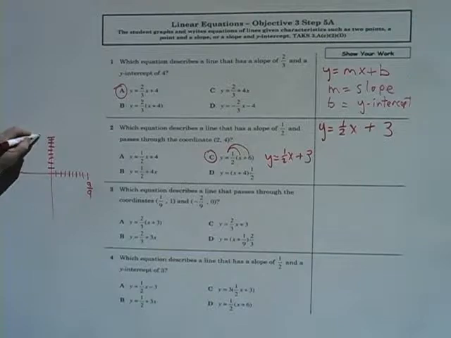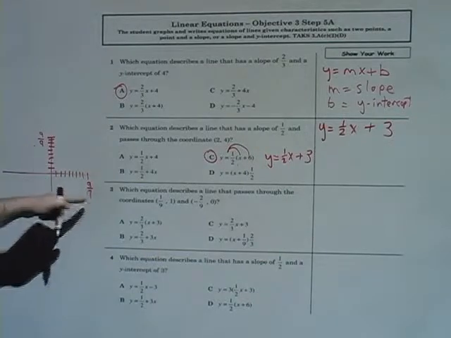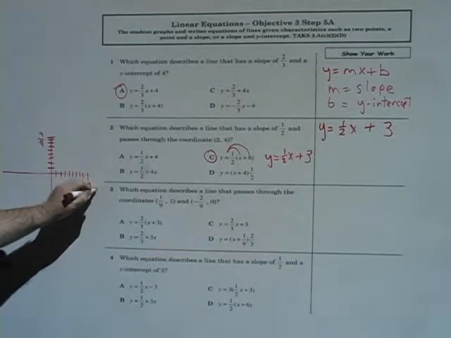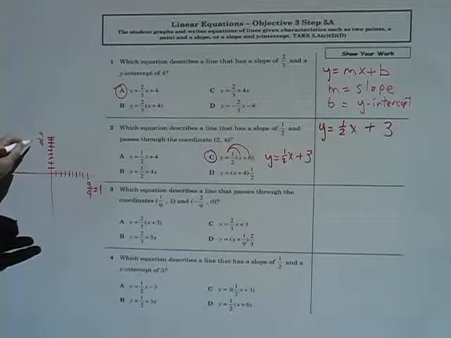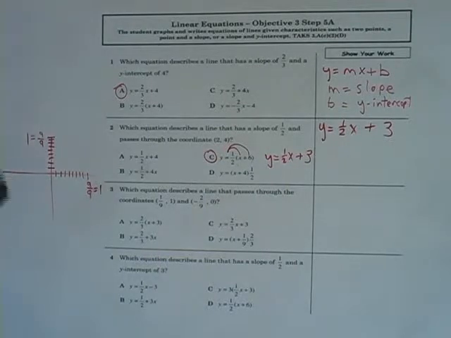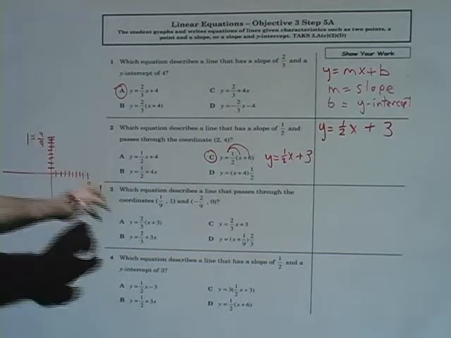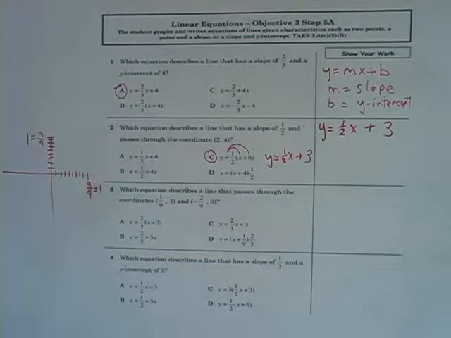Okay. This would be 9/9. And remember, 9/9 is the same thing as 1. Okay? It's the same thing as 1 whole. Okay? But by doing this, now we can plug these numbers in better.